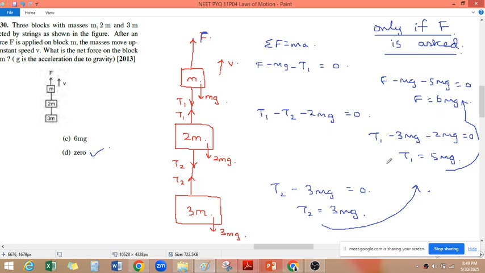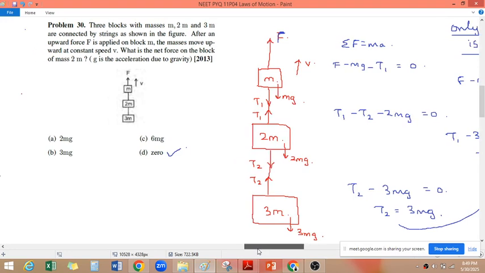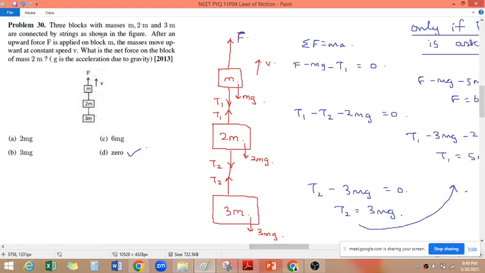So F is equal to 6 mg, but that is not required in this particular problem. We may get a wrong impression that they are asking you to find F, and we may choose the 6 mg, which is wrong. Because if they had asked what is the force F, I would have said this one. They said net force on the block of mass 2.